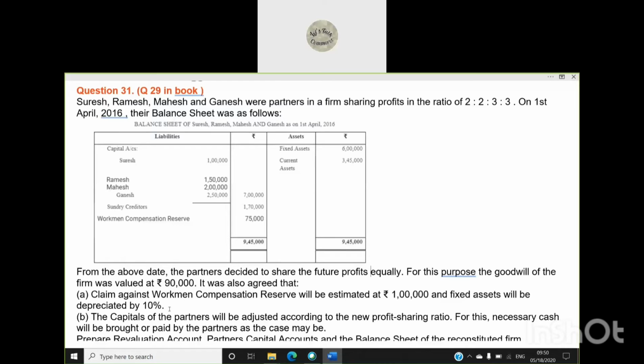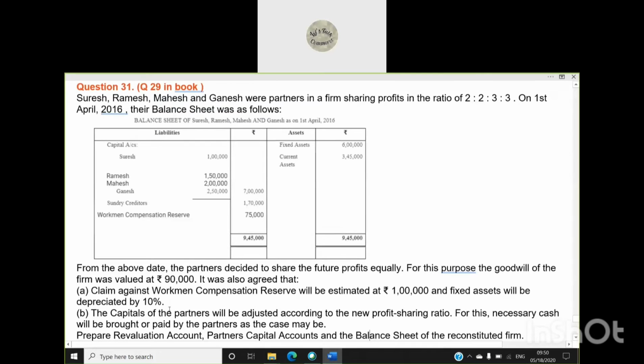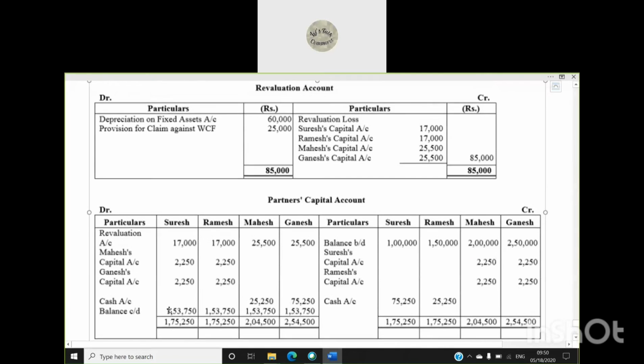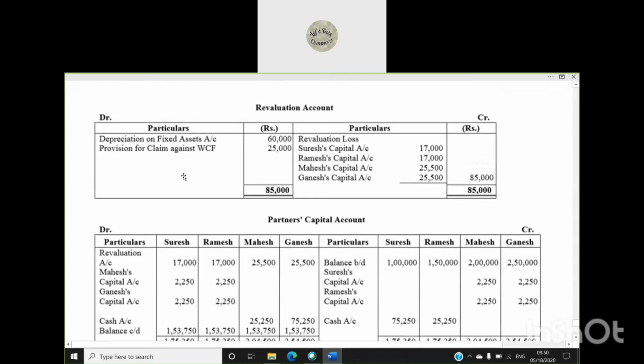First of all, we will be making the revaluation account. In the revaluation account, only two entries are there for us. One is the provision for claim against workmen compensation fund. The workmen compensation reserve is given in the balance sheet as 75,000 and the claim is of 1 lakh, so the extra 25,000 will be charged from the revaluation account.